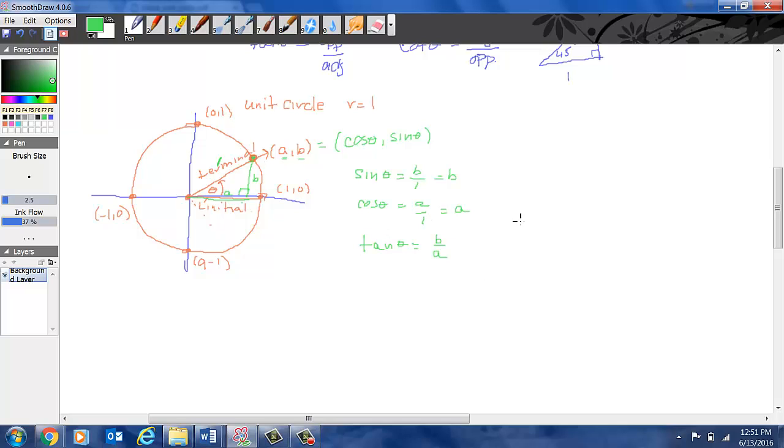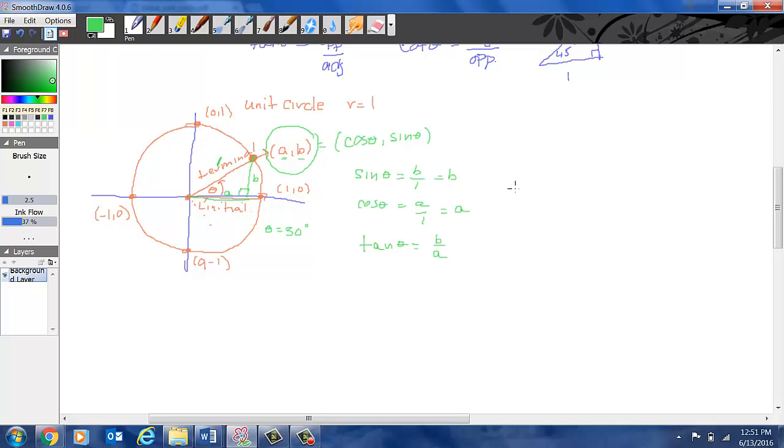Let's say that this theta was 30 degrees. Then what is this point?